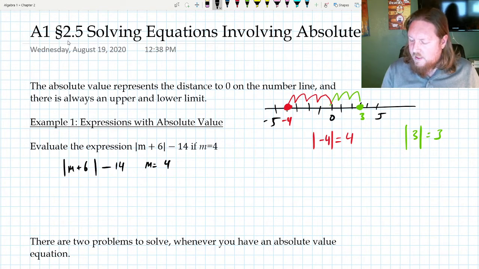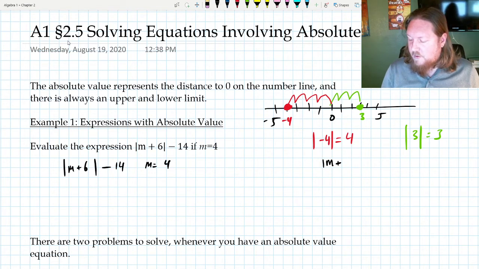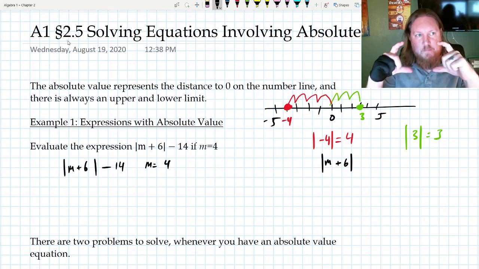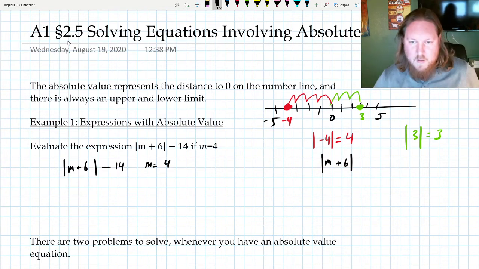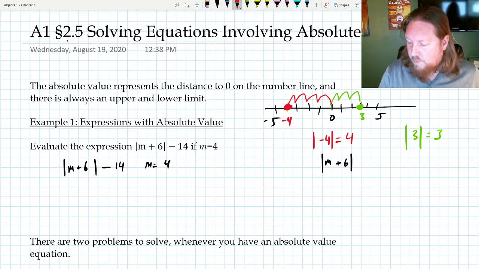One thing you have to be careful with is that if you write it too compact, it ends up looking like 1m plus 61. So when you make the absolute value bars, make them larger than the line of everything else that you're writing. That way it's really clear. It's like a grouping symbol. It is bigger. It will prevent little errors when you're working.